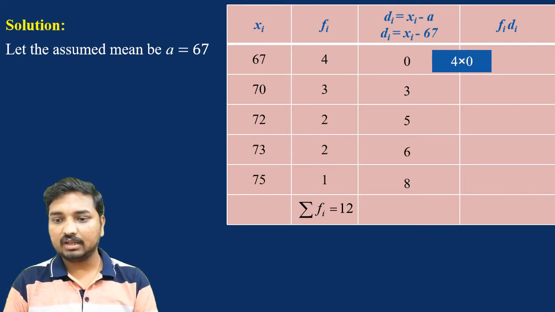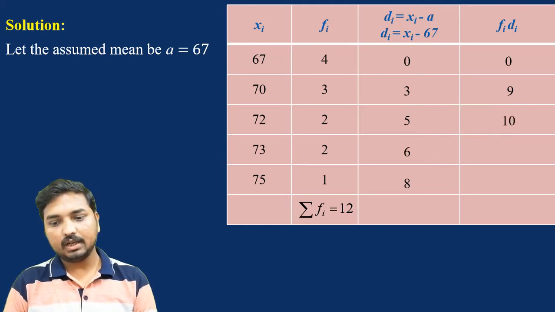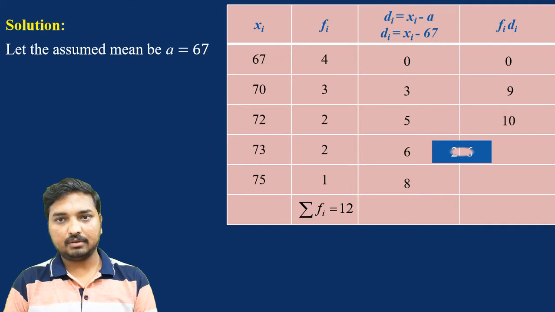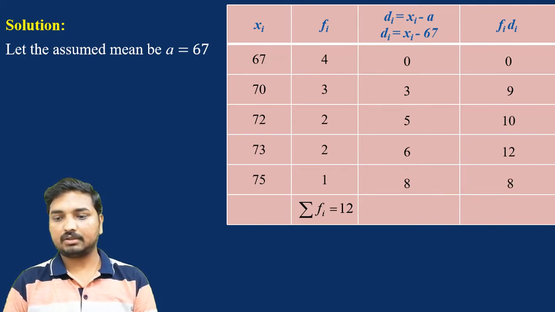The first one is 4 into 0, it will become 0, and the second one 3 into 3 will become 9. The third one 2 into 5 will become 10, and then 2 into 6 will become 12, and the last one 1 into 8 will become 8.